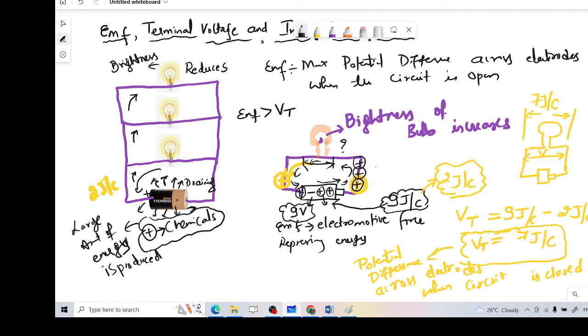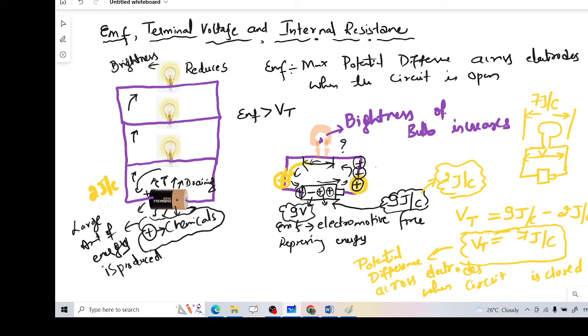And now comes the internal resistance. This battery always has some resistance. We have discussed that when a positive charge comes near the positive terminal of the battery, there is a repulsion. To overcome this, we are supplying 9 joule per coulomb of energy.